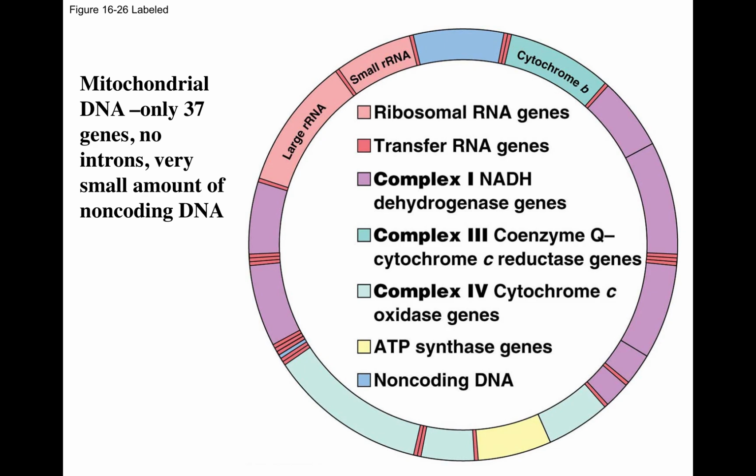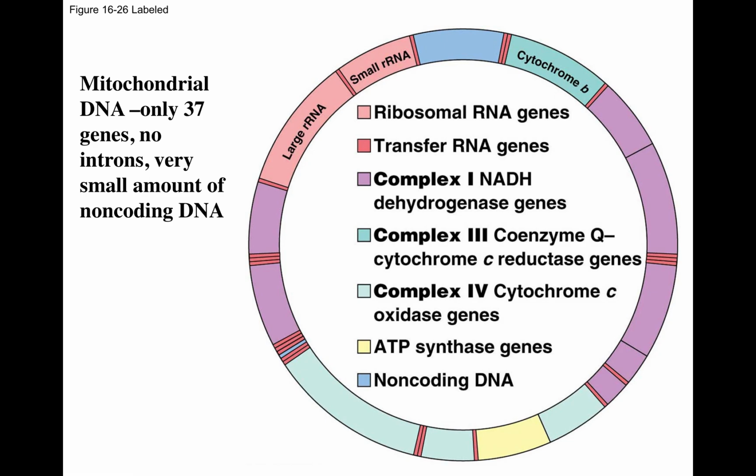But there are no introns and a very small amount of non-coding DNA, unlike in the nuclear genome, most of which is non-coding for protein DNA. So if you do a map of the mitochondrial chromosome, you can see where different things are coded for, including different parts of the electron transport chain.